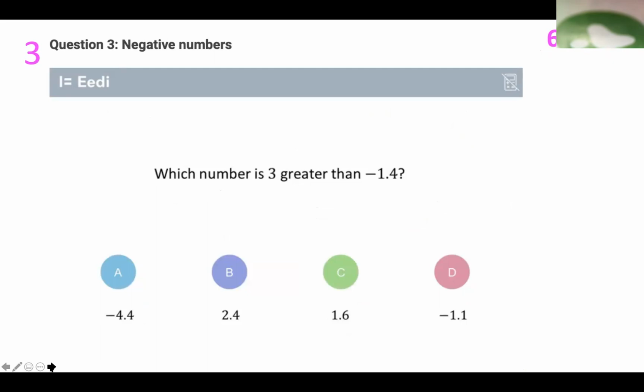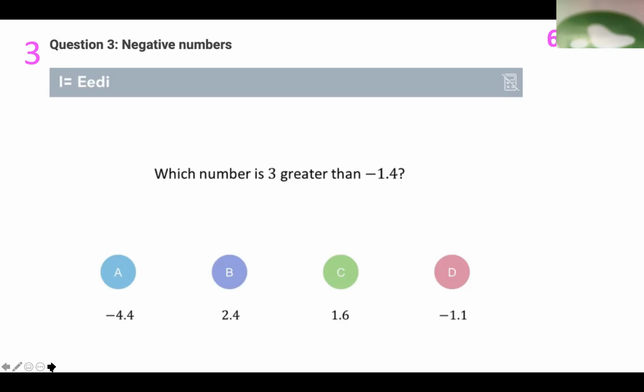See if that helps you. Halfway. Okay, you've got 10 seconds.